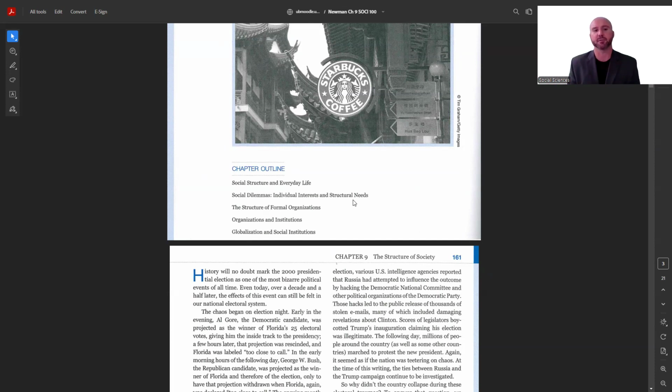Then, as we broaden our perspective out to the structure of formal organizations, we'll see that there's a particular organizational type called the bureaucracy, which is a very important structure in and of itself. And we'll get to that in future lectures. Then we see that there are intersections or relationships or overlaps between organizations and institutions.